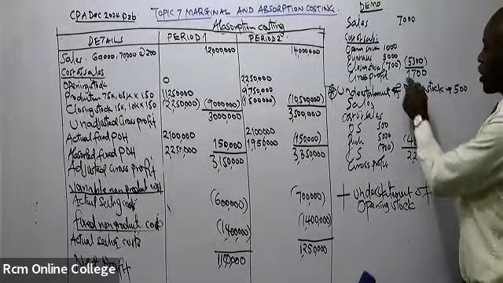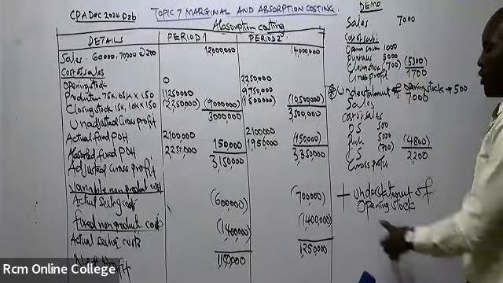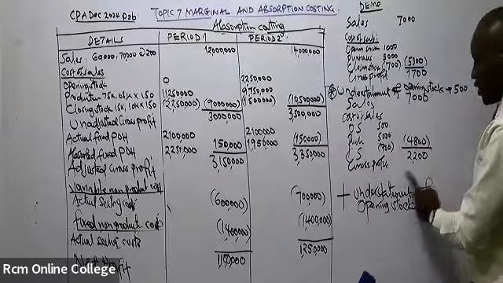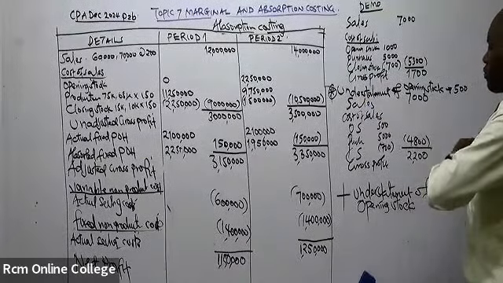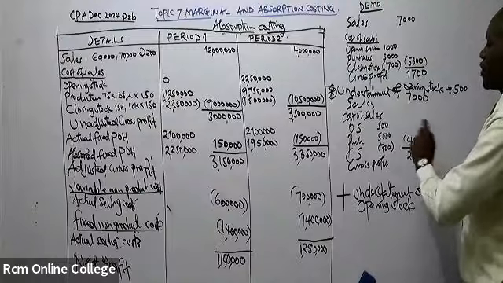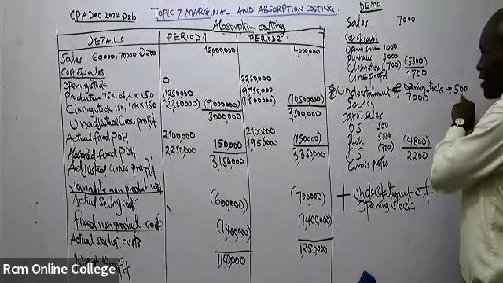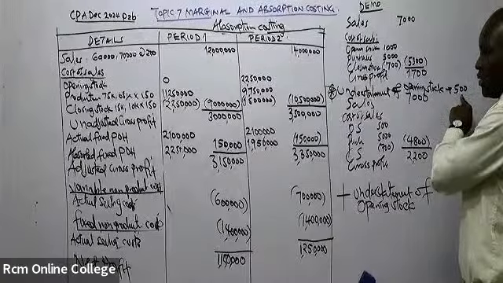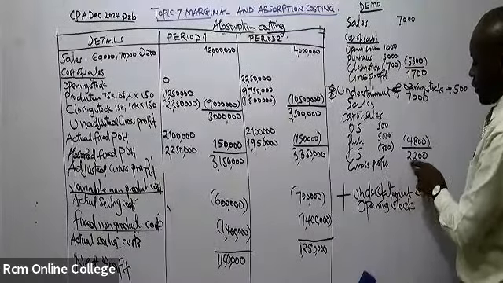So how do I get back to my real profit of 1,700? You've told me we add understatement of opening stock. Our opening stock was understated by 500, right? So it has given us a profit of 2,200.